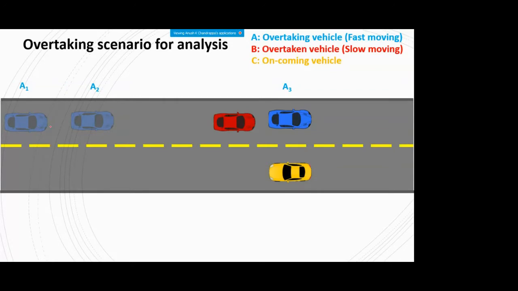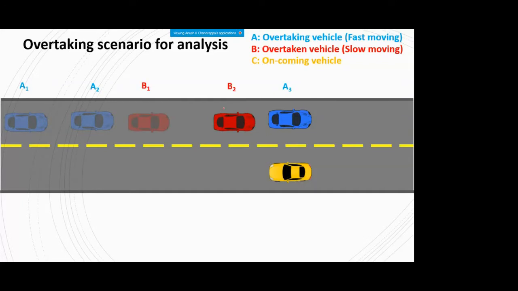For the overtaking vehicle, you have A1, A2, and A3 locations. A1 is the initial location. A2 is the location where the actual overtaking operation starts, and A3 is the final location after finishing the overtaking, when the vehicle returns to its original lane.